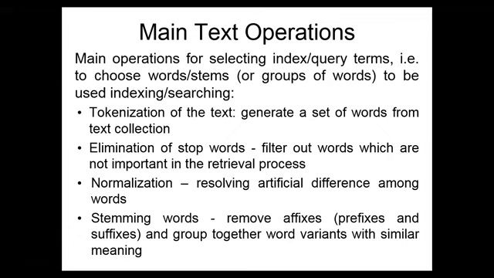So in our last class, we started discussing the text operation part, or text pre-processing, before we use it for searching and indexing. As we said in our last class, the IR internally is at word level.